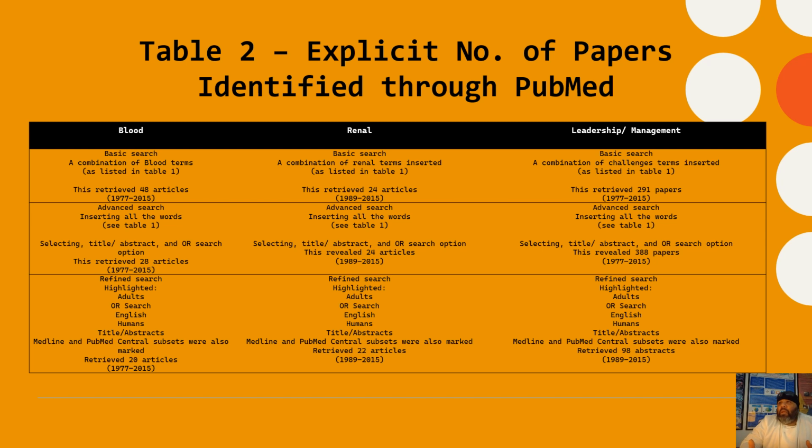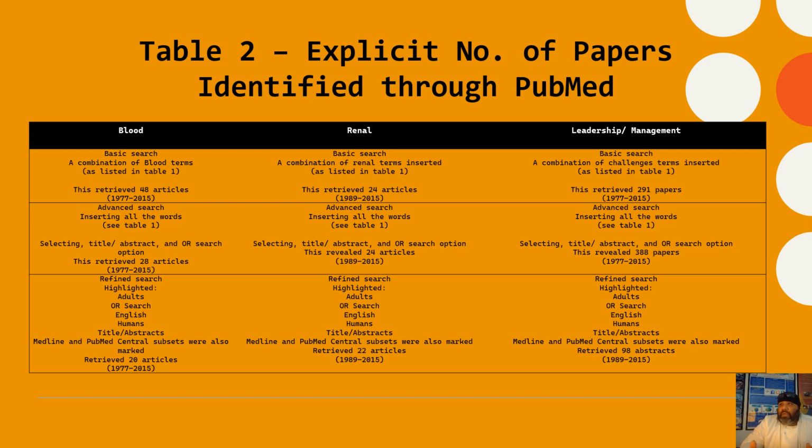So, for example, using the terminology blood, in the first column here, we have the terminology blood, and a basic search where there was a combination of hematology or blood terms, again as listed in the previous table, and where again with blood, a combination of other terminologies relating to renal, leadership and management.